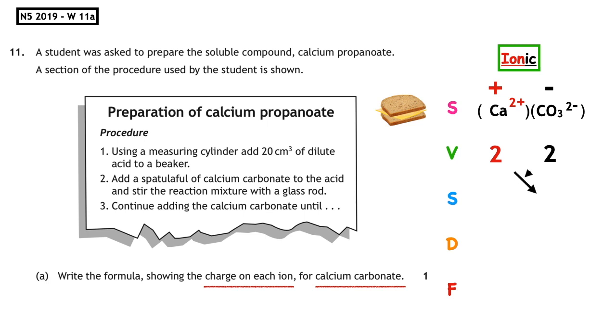Remember to keep it in brackets. Swap the valencies over. What's the highest number they can both be divided by? That's 2, which means that the formula for calcium carbonate is Ca 2 plus, CO3 2 minus.